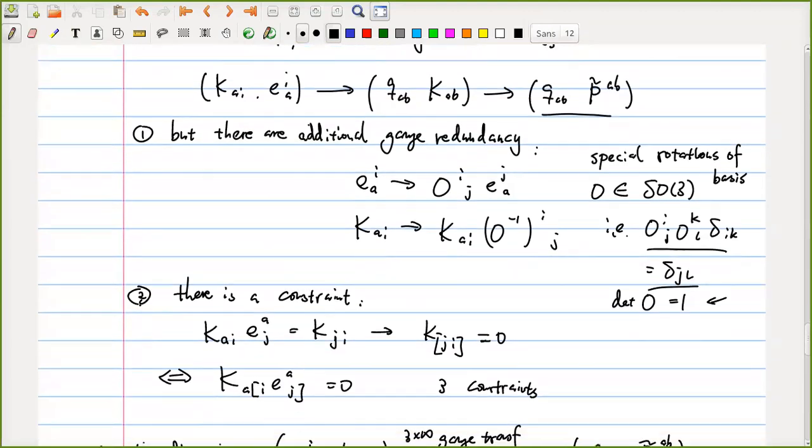But we can express this K with the one form spin connection, right? No, it's completely independent. K is completely independent of the spin connection. The spin connection relates to the spatial metric. K is something else. K is independent of the metric. K is the extrinsic curvature.